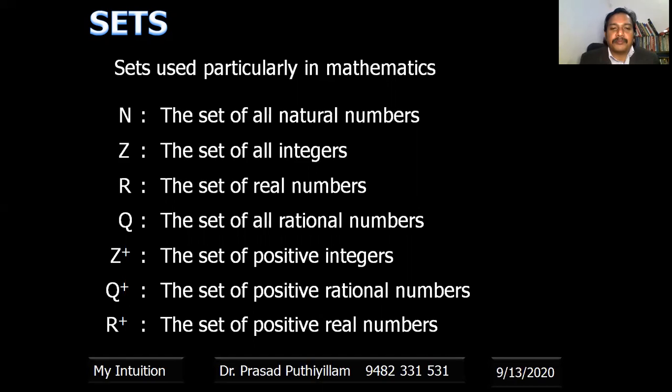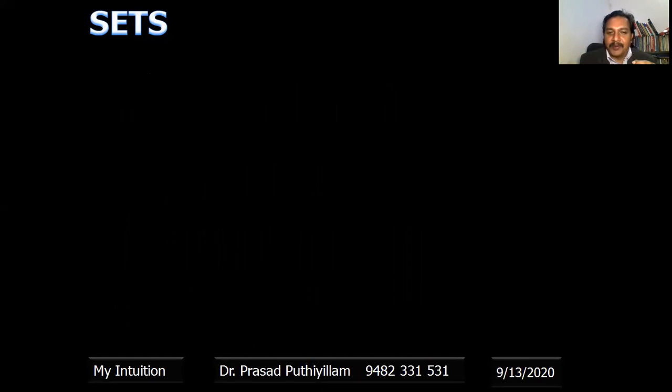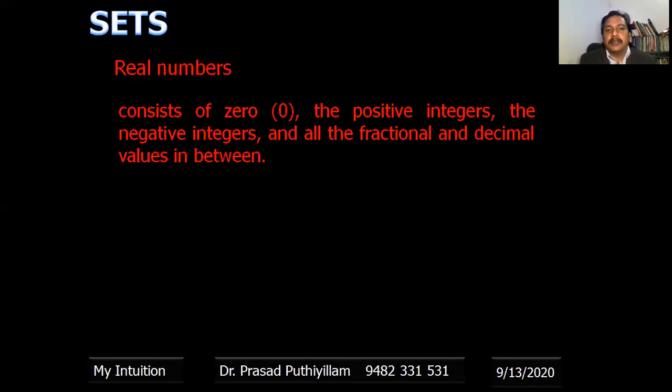What is the difference between real numbers and natural numbers? Rational numbers, real numbers, all these terms we'll see now. A real number consists of 0, positive integers, negative integers, all fractions, and even the decimal values in between.